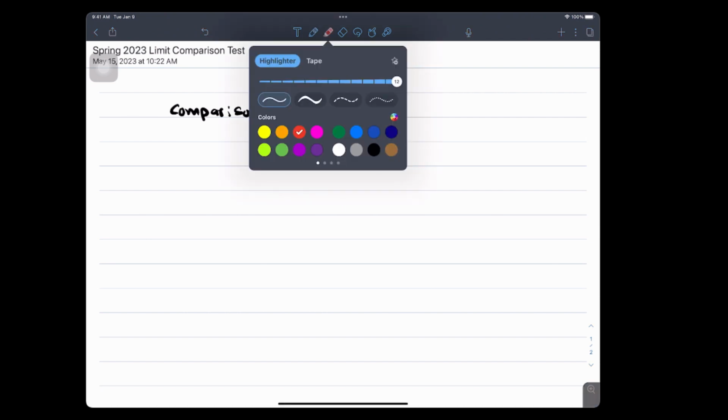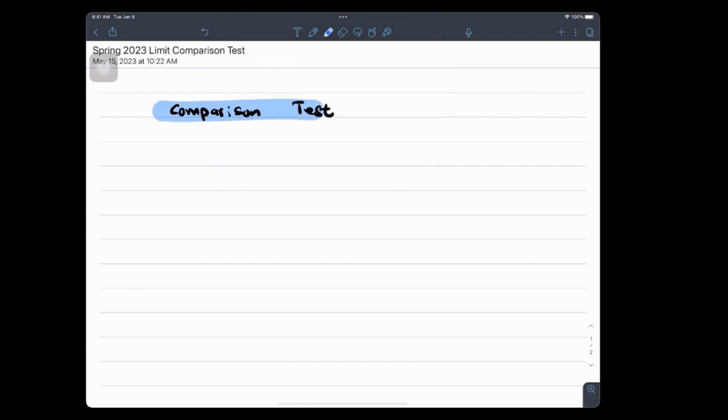Now, I don't really spend much time at all on the comparison test. It could be a very difficult test to apply. And again, there's always very specially chosen questions for comparison. And it's based on a very simple premise. But what we do is we look at the comparison test and then we develop what's called the limit comparison test. And that's really what we want to look at, the limit comparison versus comparison.